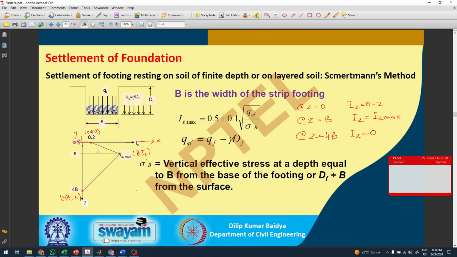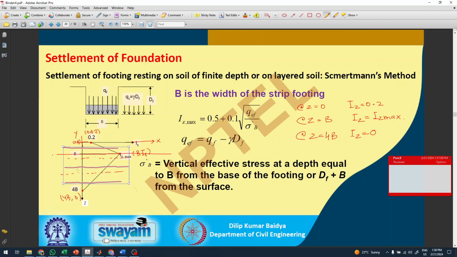So what we do is first we draw this diagram, and then we superimpose our layers here. For example, if we have these layers. This is the second step. And the third step is we interpolate between the values of Imax to calculate the Imax at the center of each layer. It is not necessary that our strata will be coinciding with these points exactly.